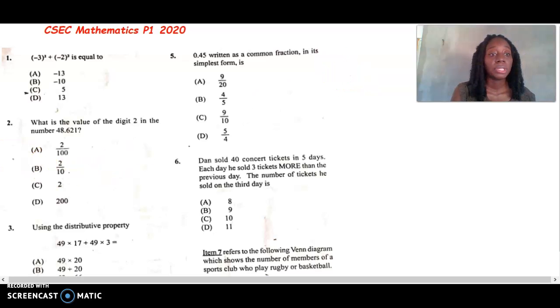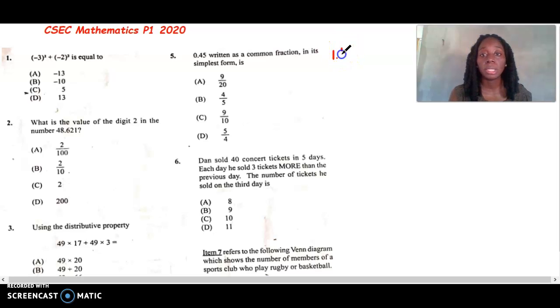First and foremost, we need to know how to find the square of a number. To find the square of a number, we multiply that number by itself.